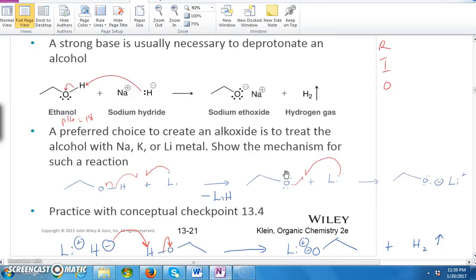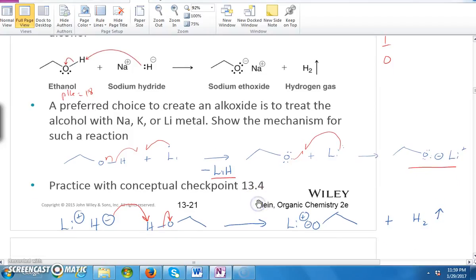A preferred choice to create an alkoxide is to treat the alcohol with sodium or potassium or lithium metal, in which case you would generate the metal hydride and the formation of the alkoxide, the lithium alkoxide. And then the metal hydride will in turn react with another unit of the alcohol to yield the lithium alkoxide and the evolution of hydrogen gas.